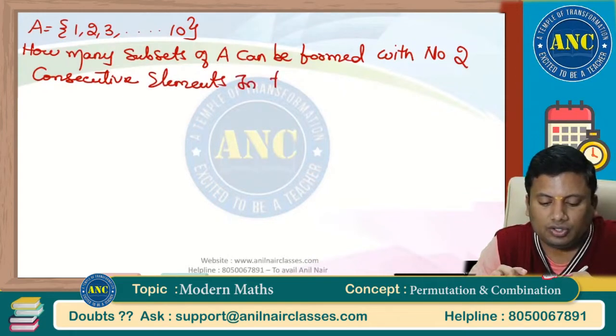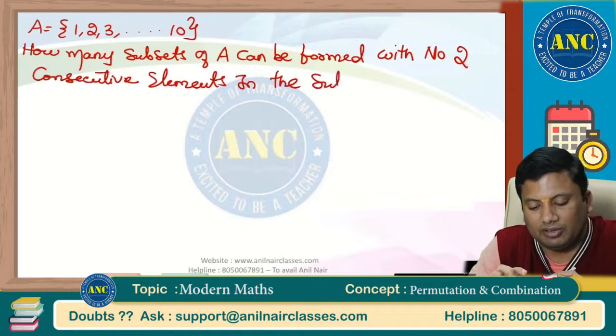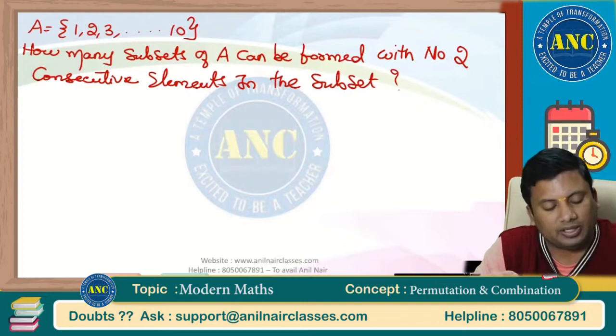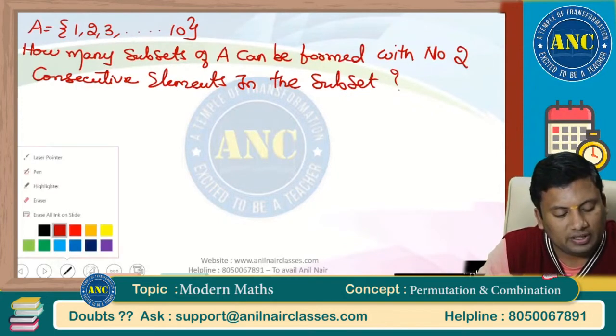Please write down this question, sir. How many subsets of A can be formed with no two consecutive elements in the subset?